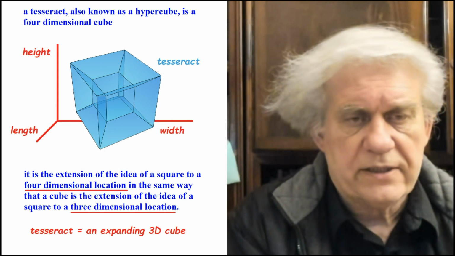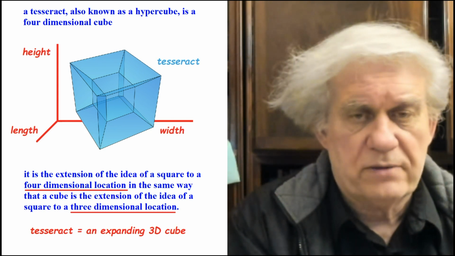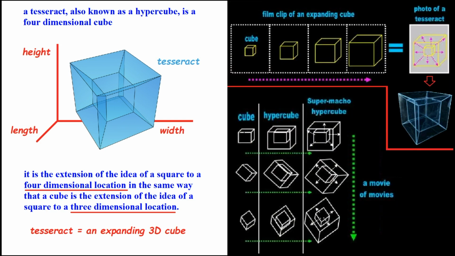And I showed this the other day. This is my tesseract so that you understand what we're talking about here. And there it is in graphic mode. You have a cube that is expanding. What they do with that, they build these two nested cubes, which represent the small one and the big one only. And they represent the intermediate ones with arrows or with lines or whatever.